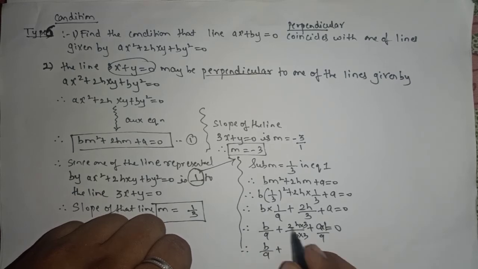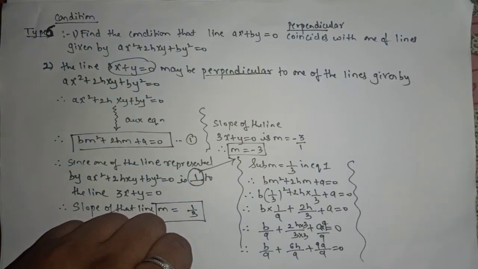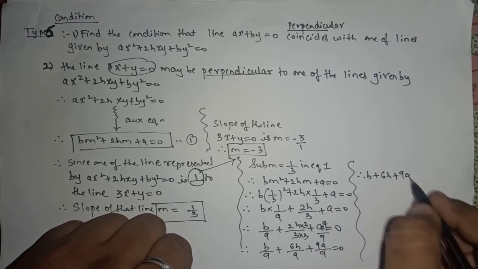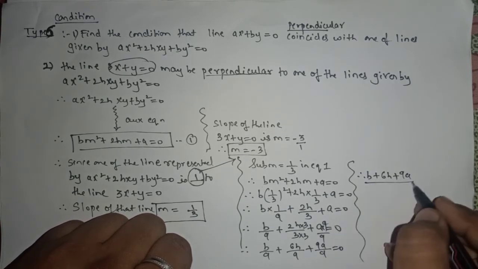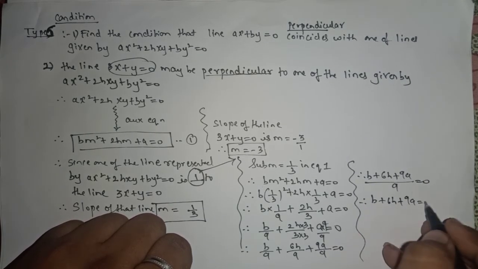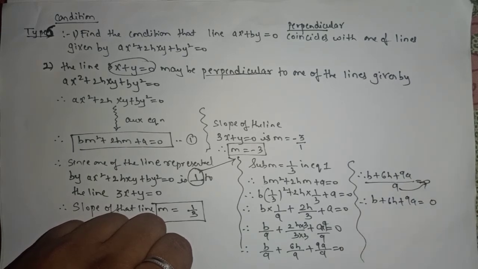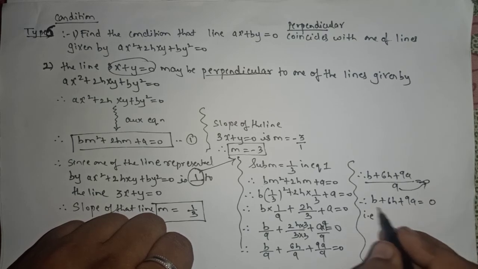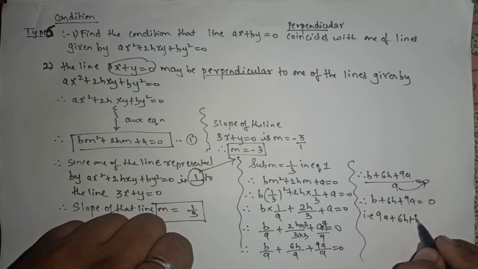So this part will be b upon 9 plus 6h upon 9 plus 9a upon 9 equals to 0. Yes or no? The next step: b plus 6h plus 9a, the whole upon 9 equals to 0. The 9 goes to the other side, and 9 times 0 is 0. So we can write this equation as 9a plus 6h plus b equals to 0, first a, then h, then b.